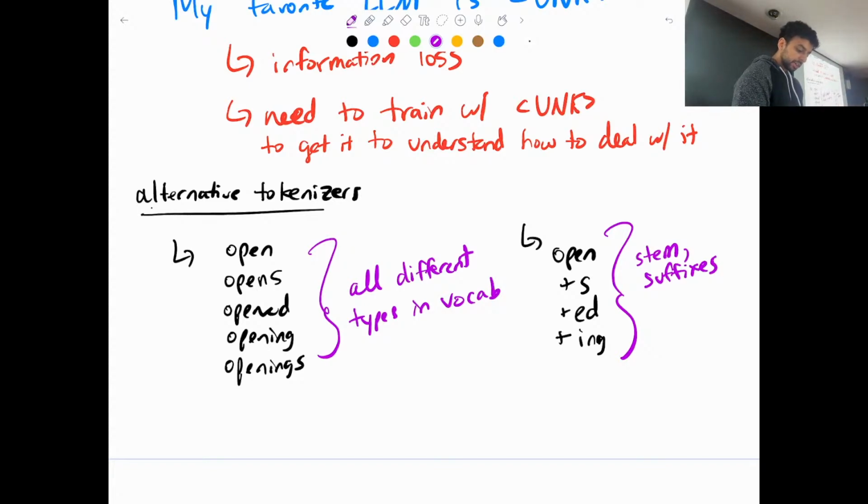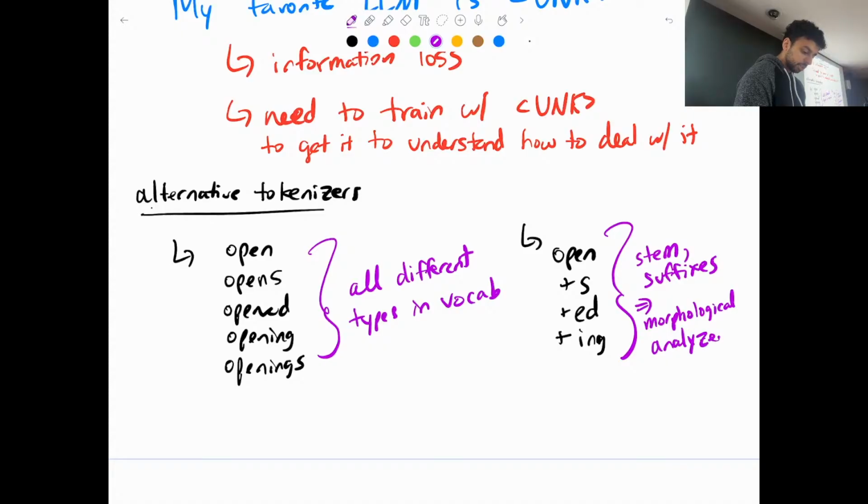In general, though, it's a little tricky to do this because if you wanted to actually be accurate and get the correct stem and the correct suffix, you might need to use a morphological analyzer.